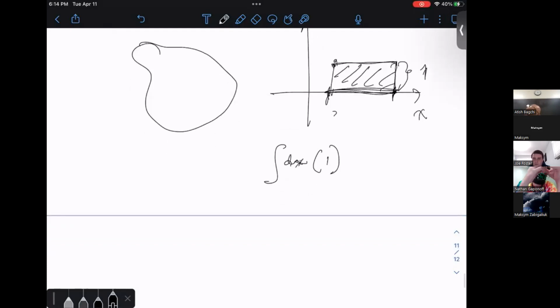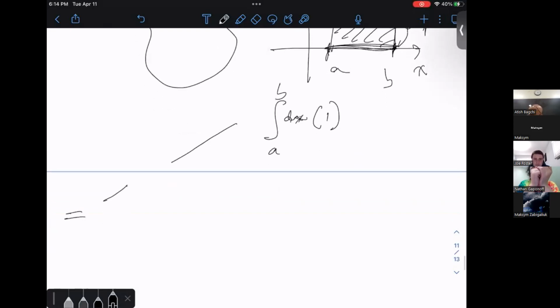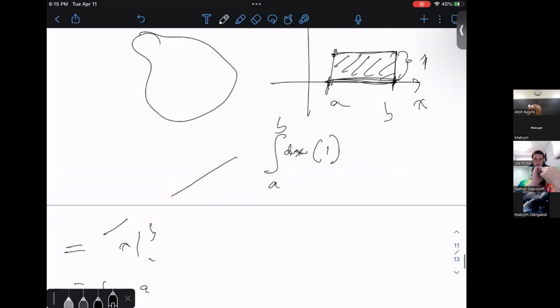Okay, let's integrate from a to b. Okay, I understood why it's 1. But if you integrate, what do you get? You get x between b and a, which is b minus a, which is equal to the length. Yeah. But the integral of 1 dx is actually this area, because we are integrating the function 1. It gives you the area under the curve.